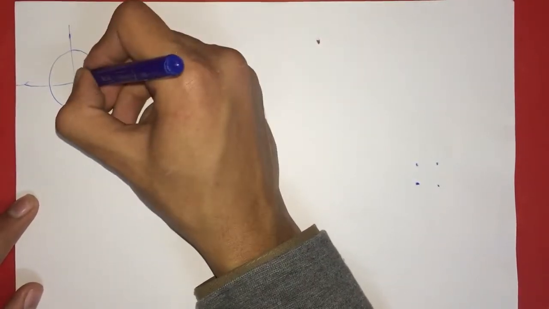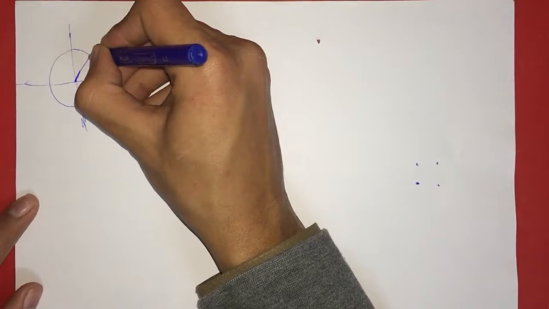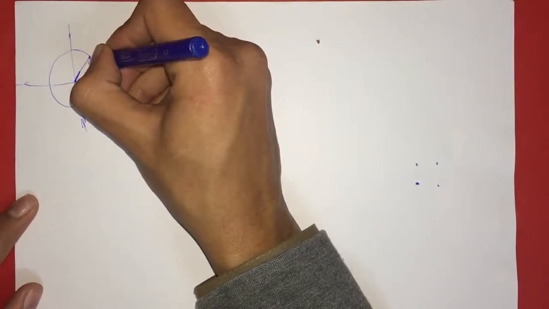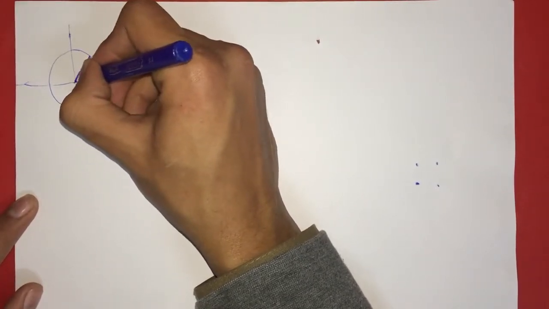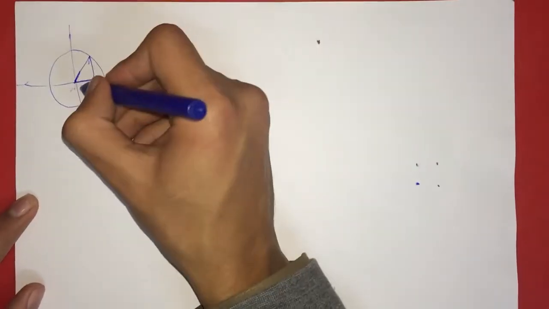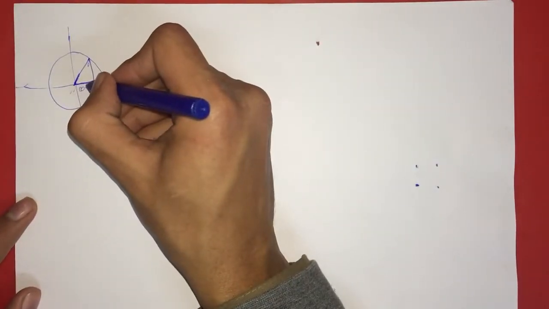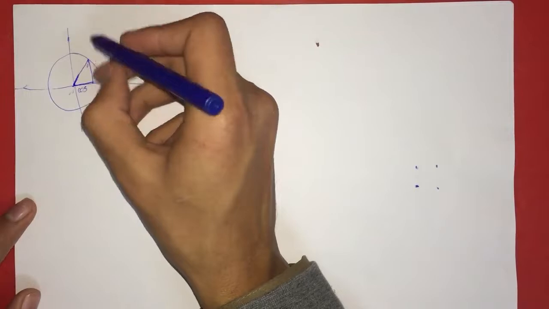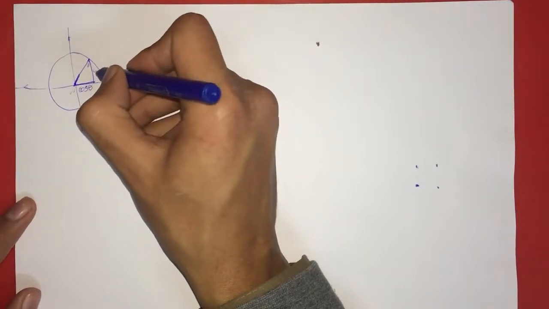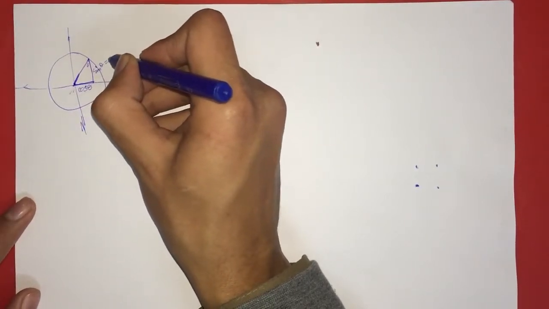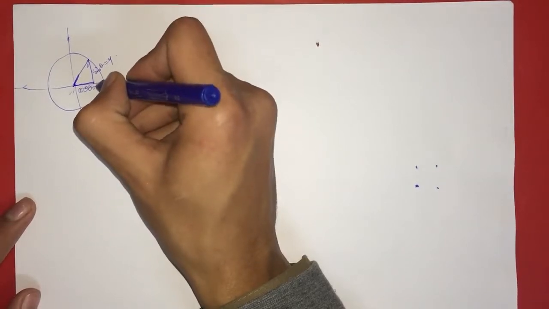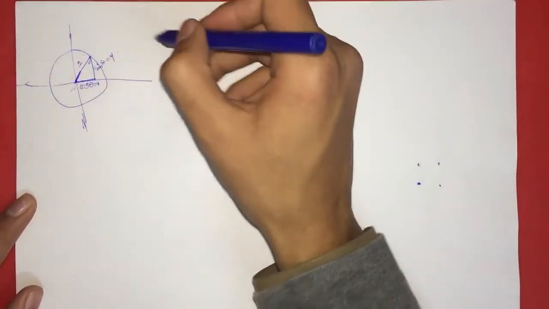If I draw a triangle over here, this radius is 1, and this is a right angle triangle. Let's say this side is cos theta, that is x, this is sine theta, that is y, and this is 1.